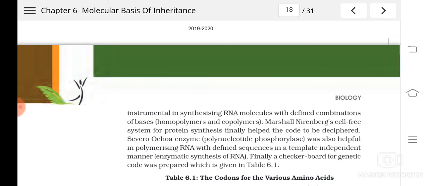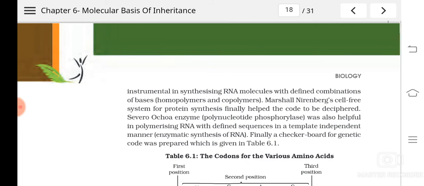So these scientists synthesized RNA molecules with the help of this enzyme in a cell-free medium. When they added this RNA, they could see which amino acids were added. From this they could decipher the genetic code.